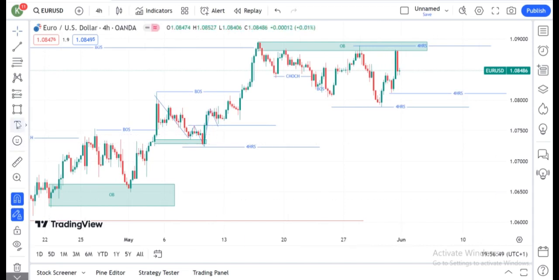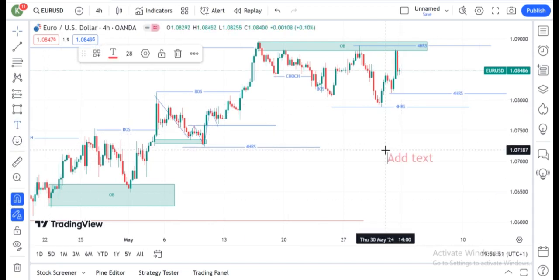So for perfect entries, we're going to be looking out for mitigation block. Then we're going to be looking out for breakout block. Then we'll look out for FVG, that's fair value gap. Then we look out for imbalance.